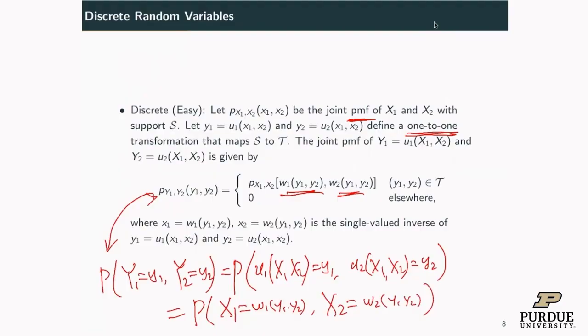Since I know the joint PMF of X1, X2, I can plug in to get the joint PMF for Y1, Y2. So for the discrete case, if the transformation is 1 to 1, we can get the joint PMF of this transformation easily.